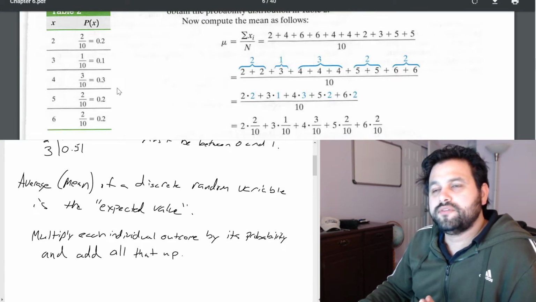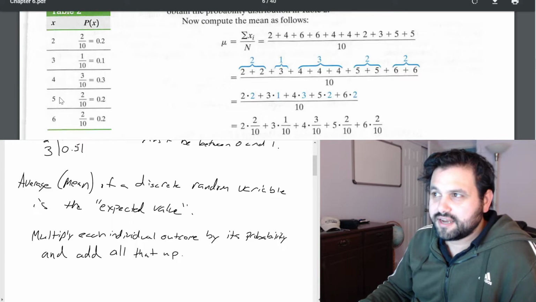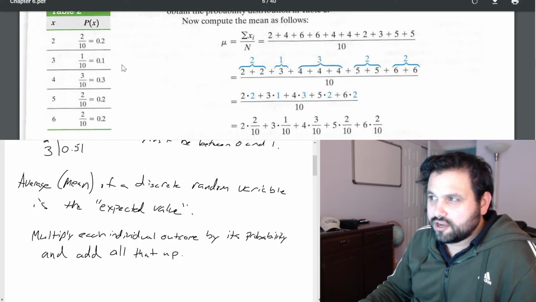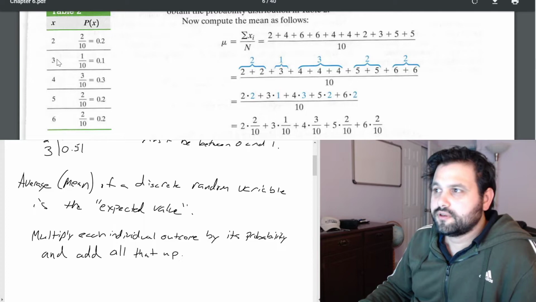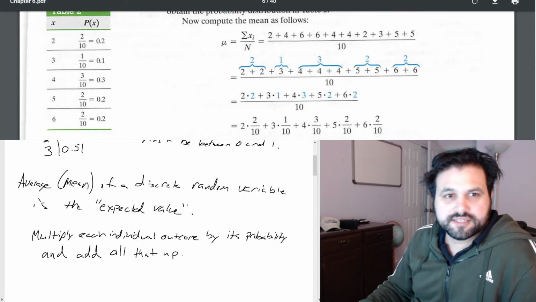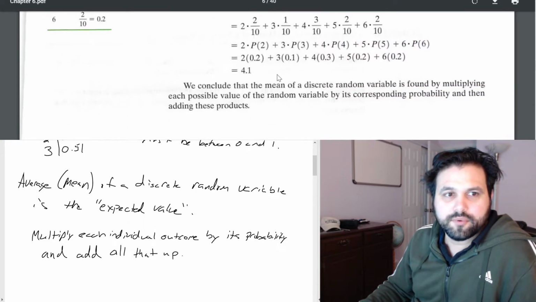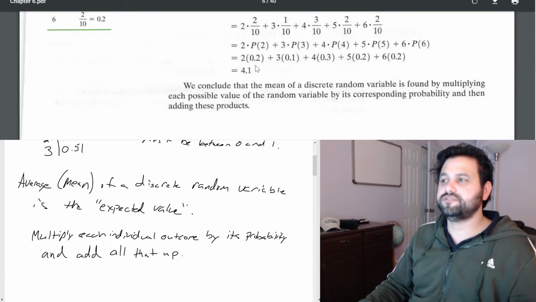If we were looking for the average value of x, we would multiply across, and then add that all up, right? So in this case, 2 times 0.2, 3 times 0.1, 4 times 0.3, 5 times 0.2, 6 times 0.2, and then we add it all up. That's what they've done here in the notes, and we get 4.1. Okay, so you get an average of 4.1.